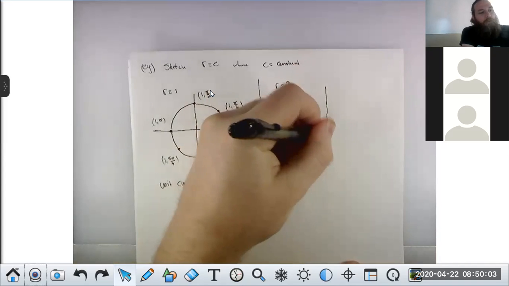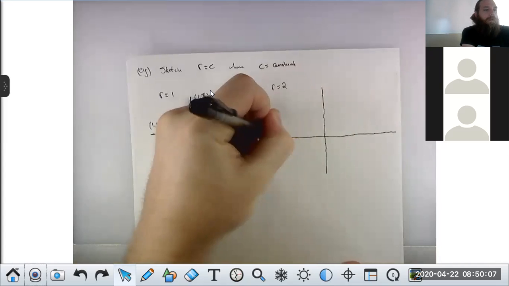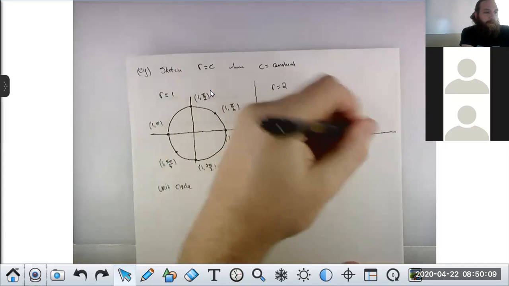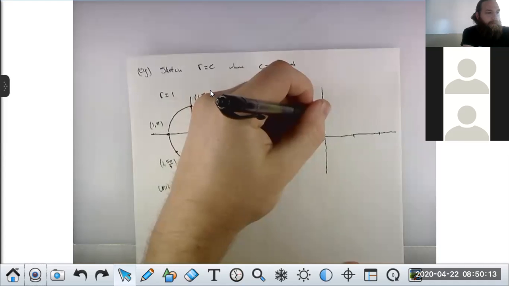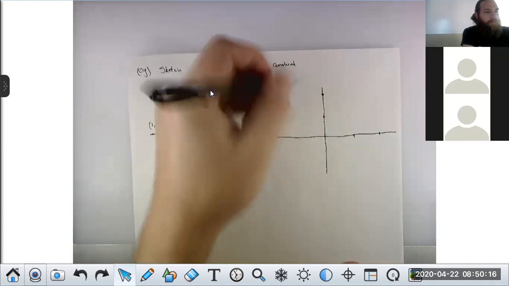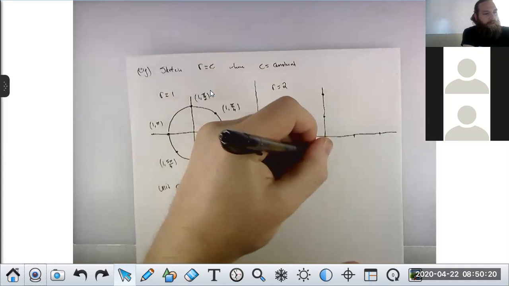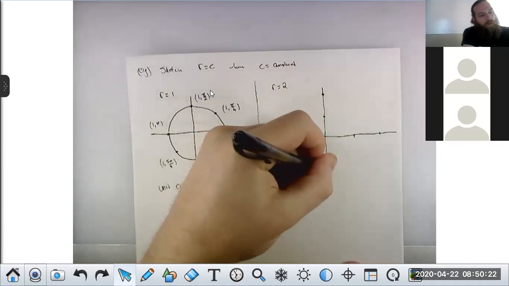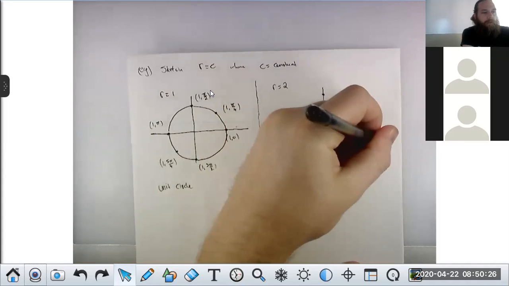All right, you can trust your intuition here. So if I mark this as 1 and this as 2, yeah, here's the polar point 2, 0.